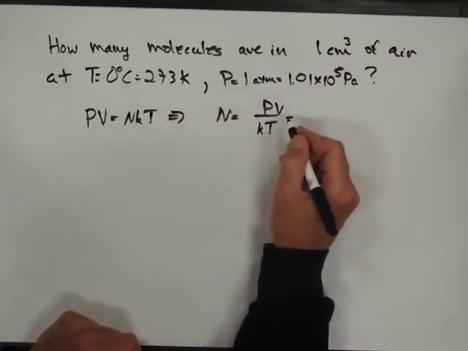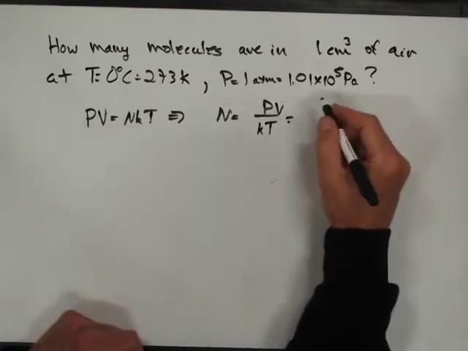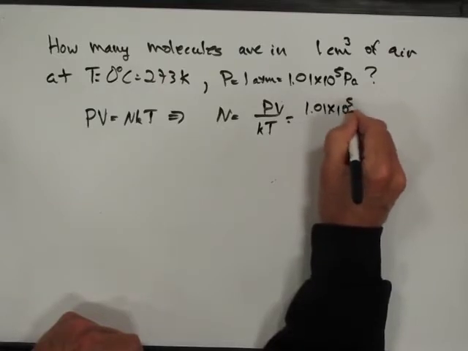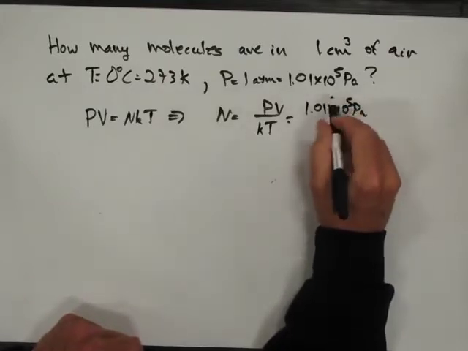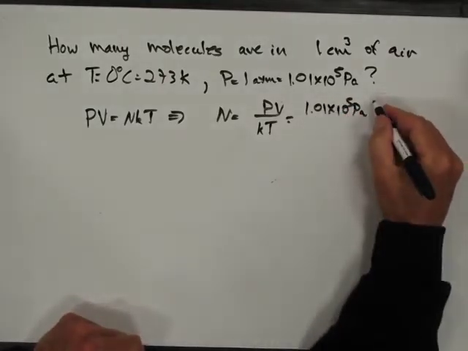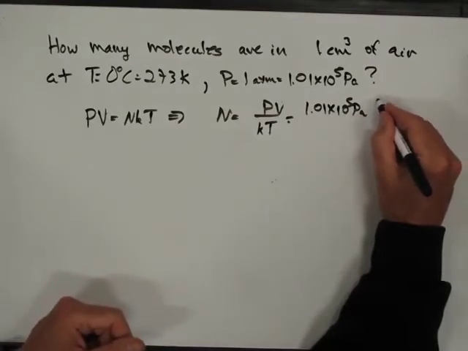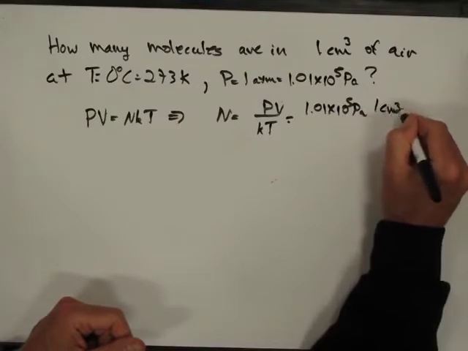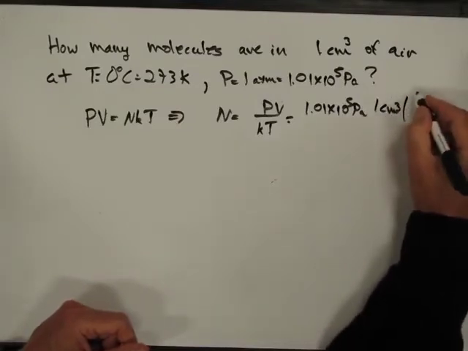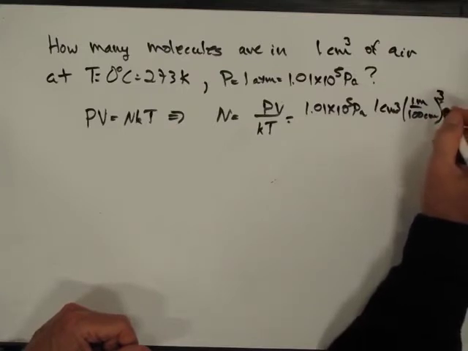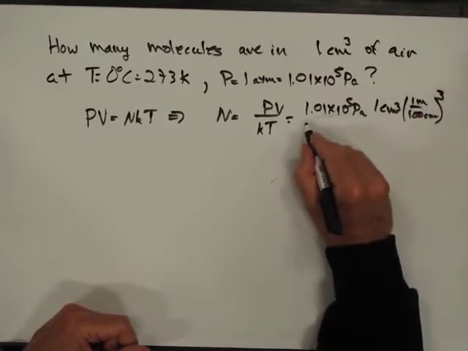That's 1.01 times 10 to the 5th pascals. Now I have to get a centimeter cubed, and I want to convert that into meters cubed, so I'm going to say 1 centimeter cubed times 1 meter over 100 centimeters, all cubed. And so that's PV.